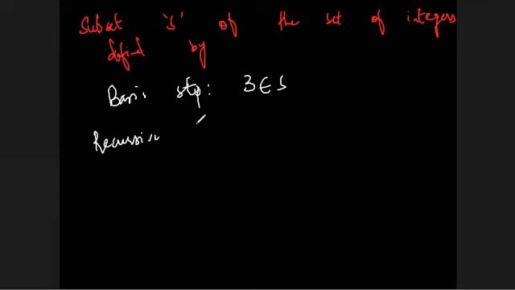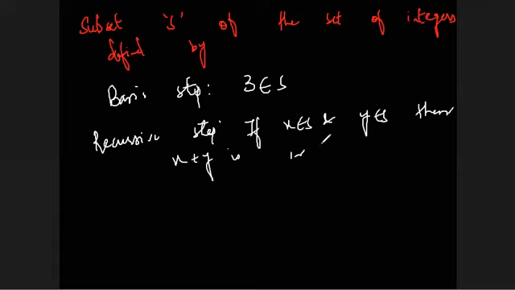The recursive step says that if x belongs to S and y belongs to S, then x plus y is in S. Initially, for the first step, the element found in S is 3 by the basis step. After that, we can take 3 plus 3 equal to 6. So x plus y is in S. Right now, x and y are both the element 3.